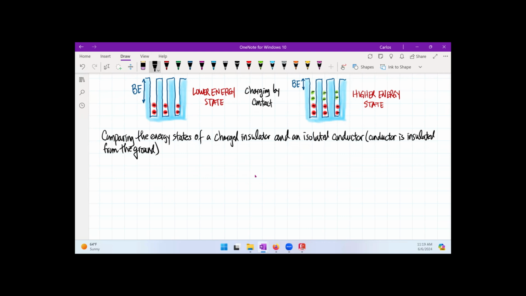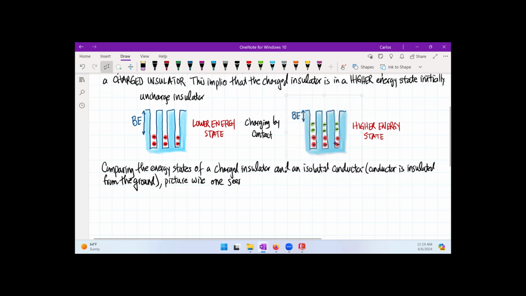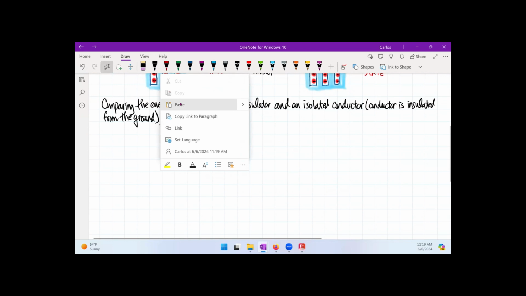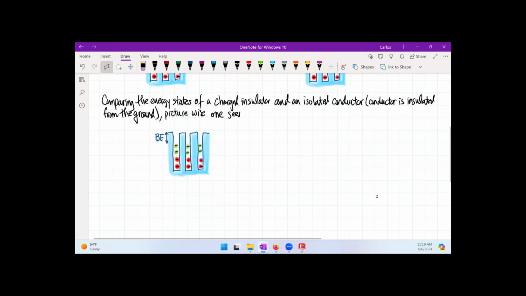So comparing the energy states of the charged insulator with an isolated conductor, picture-wise, one sees this state, which is excited. This is my excited state, and I know this is at a higher energy.